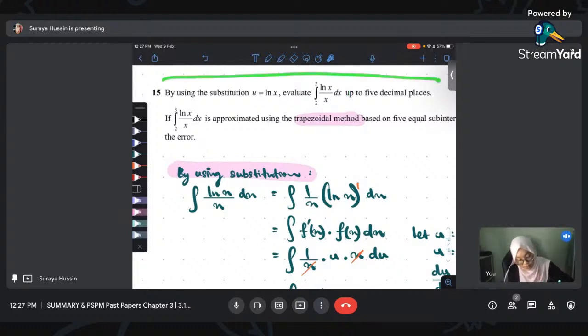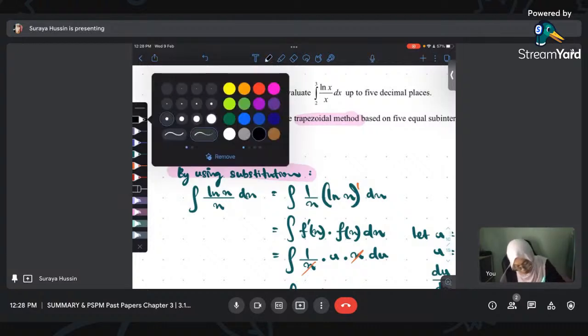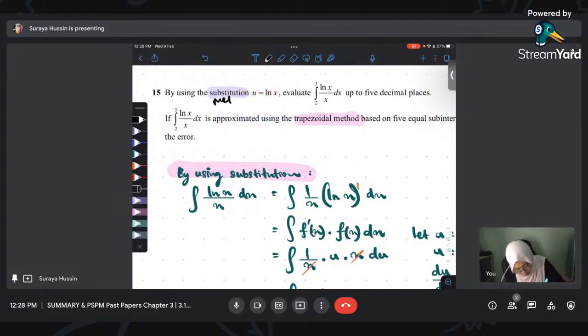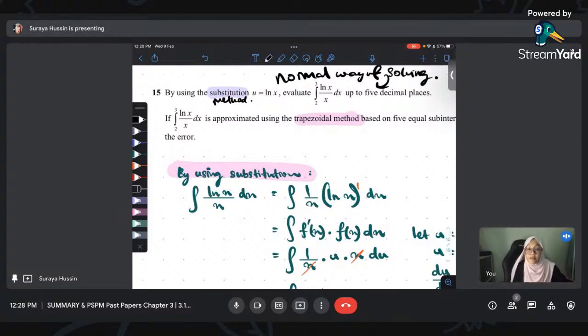This is cara biasa. Cara biasa bermaksud, nampak ni, dia suruh kita pakai substitution method. This is normal way of solving integrals.